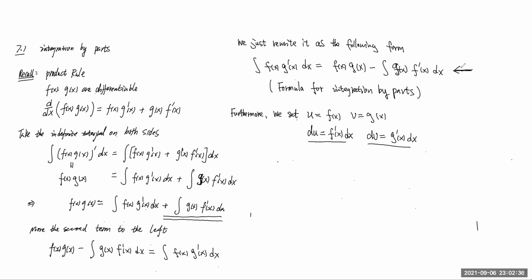Look at the formula: the integral of u dv, where dv is g prime dx, equals u v minus the integral of v du.